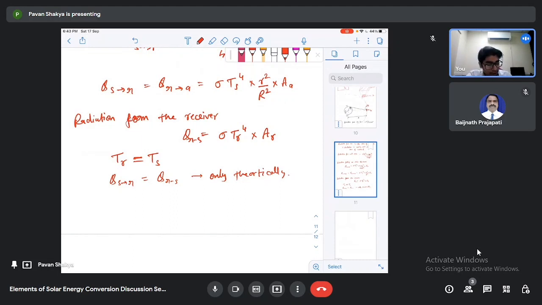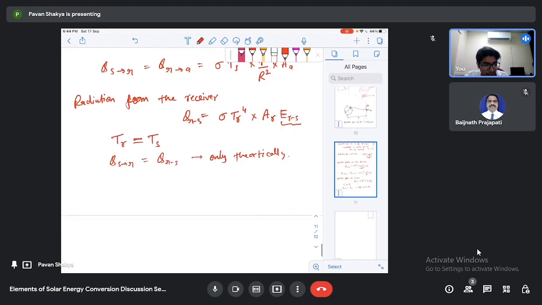Actually, if I try to find the radiation from the receiver to the sun, then we have to multiply it by a factor, that is E of r to s, similar to the shape factor that we have learnt in the radiation course.